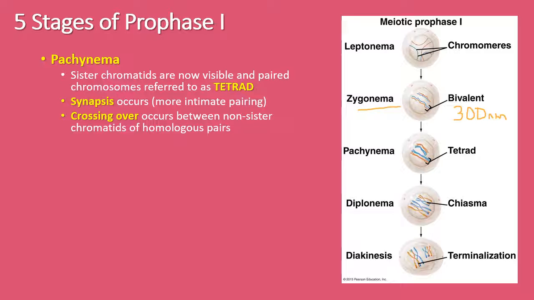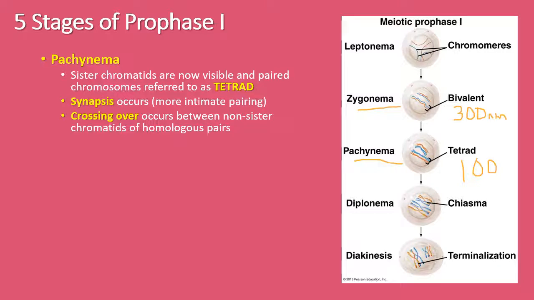But in pachynema, they're only 100 nanometers apart. So they've gotten much closer together. You know, a nanometer is a billionth of a meter. Yeah, it's a billionth of a meter. So this is teeny, teeny, tiny spaces.